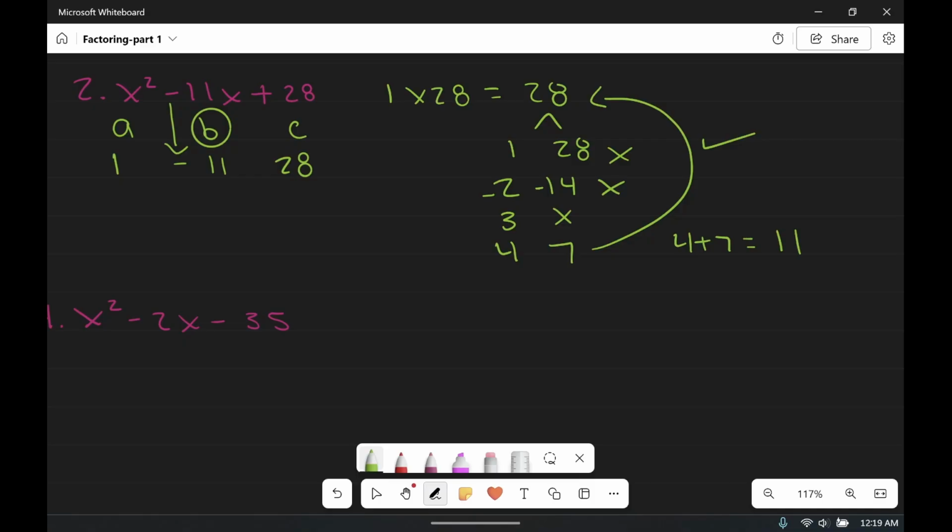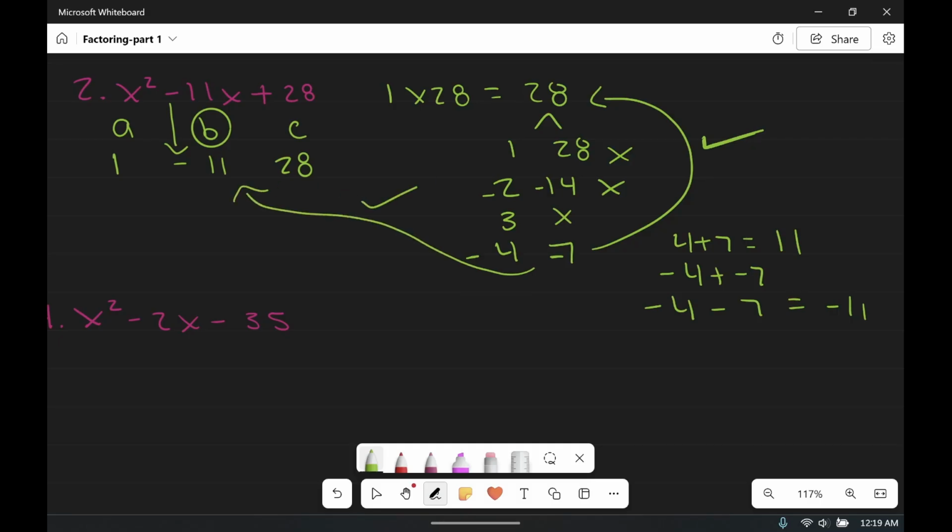But what's another way we can manipulate these numbers so they still multiply to 28? Make them both negative. Negative 4 times negative 7 still equals positive 28. So still checked. What about negative 4 plus negative 7? Same thing as negative 4 minus 7, which equals negative 11.